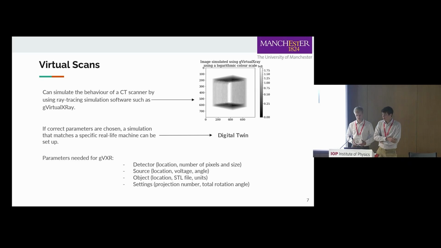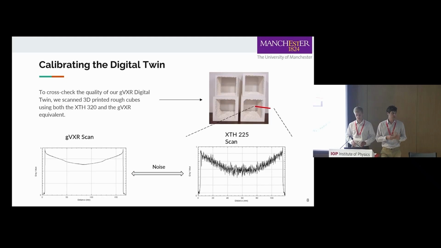All that was left to do was take very many scans of these cubes, one for each, obviously, and we used the Core Imaging Library for the reconstruction step. One of the issues is that we want to make sure our simulations are as close as possible to real scans. The way we qualitatively looked at it was to take a profile through the real scan and the virtual scan, going through the side of the cube, as shown in the presentation, and we looked at the grayscale value along this side.